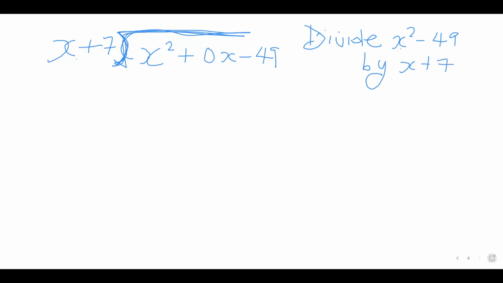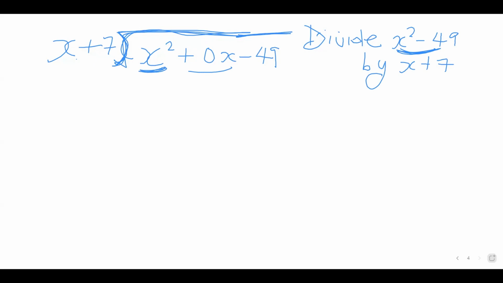And because there's something missing between x squared and negative 49, we had to put a filler there, which had to be a coefficient of x only because we already have x squared over here on the left. So now we're going to do the dividing.